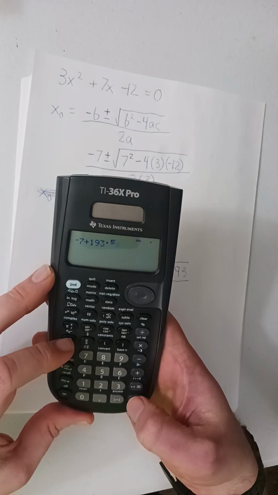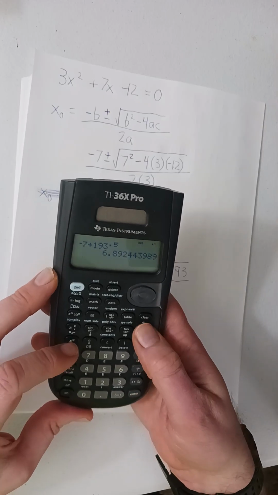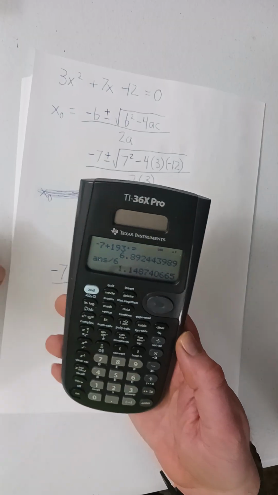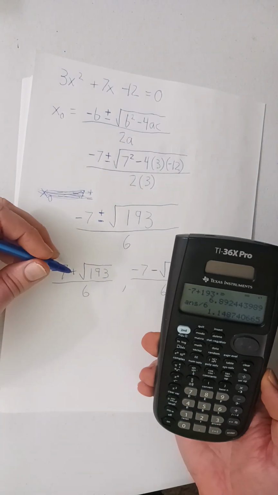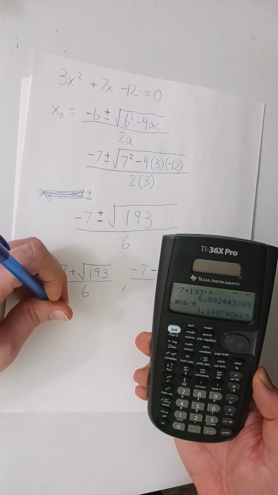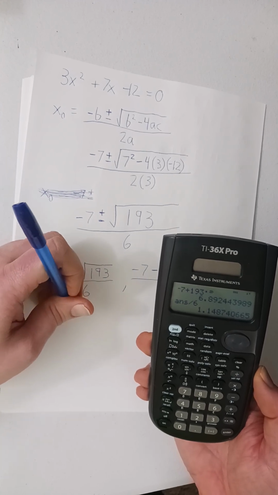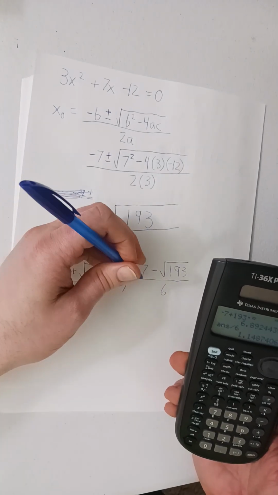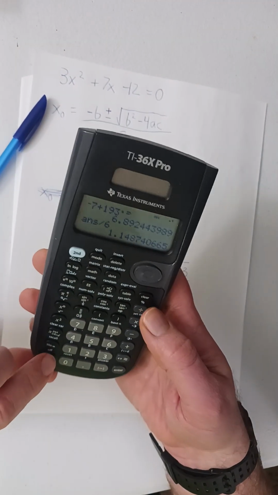Then we divide that by 6, and for addition we got 1.14874 basically.